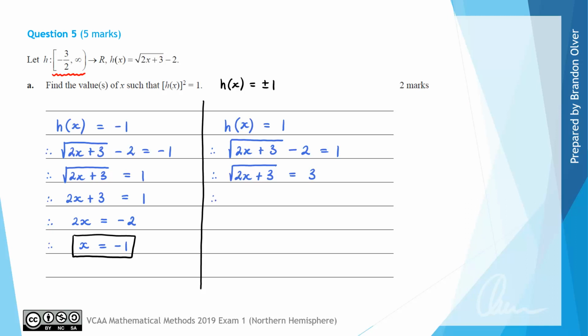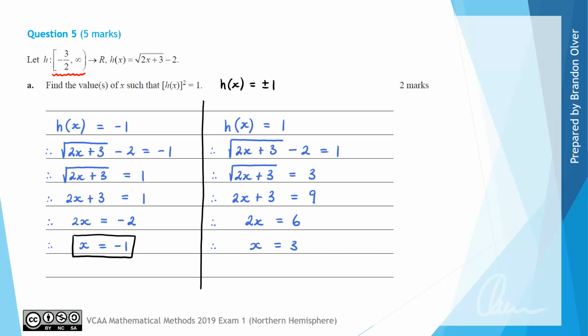Squaring both sides, like we did before, we have 2x plus 3 must equal 9, since 3 squared is 9. Next we subtract the 3, so 2x is equal to 6. Dividing by 2 as our last step gives x is equal to 3.